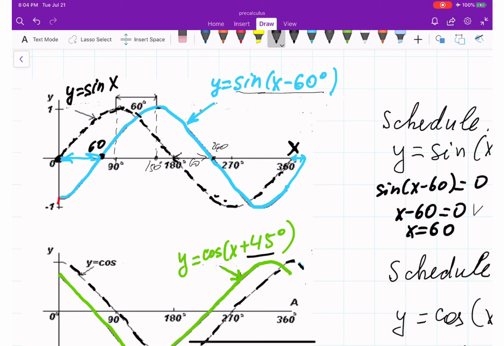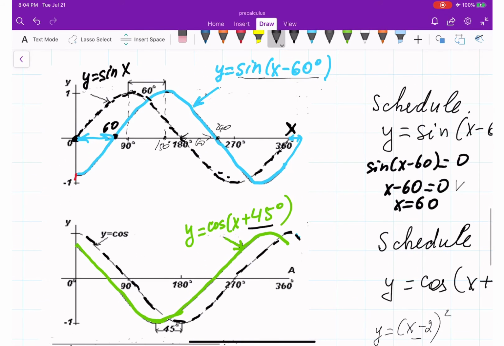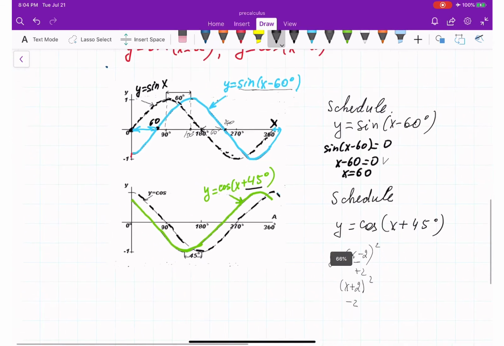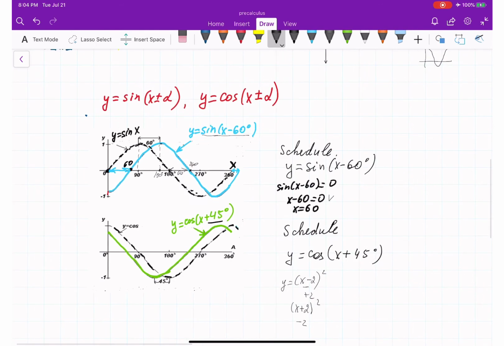Now, how much is going to be the period for this one? Let's do the period. What is the amplitude? The amplitude is going to be 1, because we have sine x minus 60.